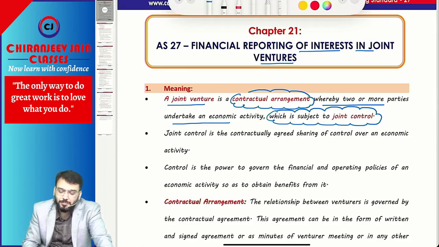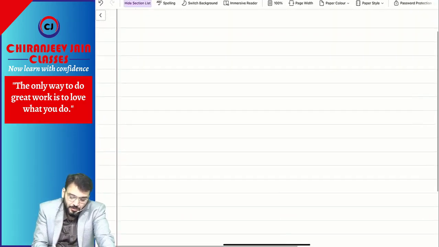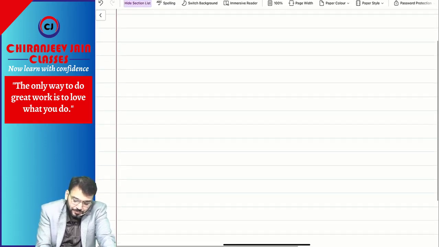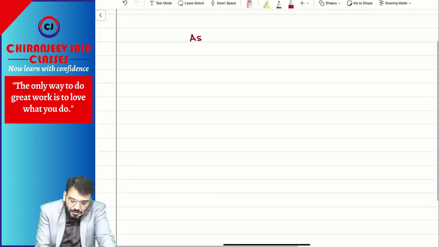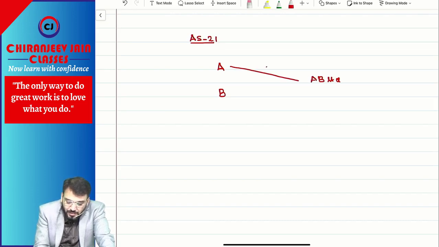Joint control over that business means, if I say in this way, when I say AS 21, in AS 21 what happened? Suppose A, B has created one company AB Limited. So in this, A has control and B has no control.